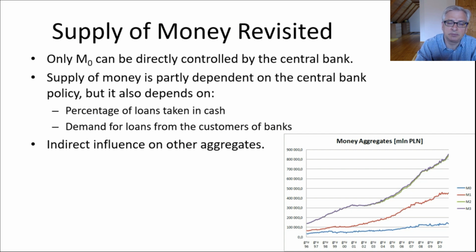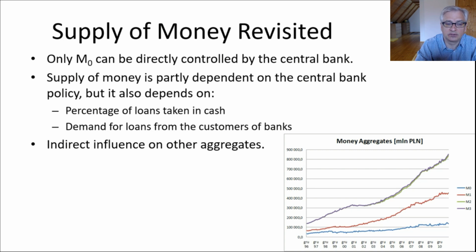But partly it depends on the situation in the economy, expectations, whether people want to take a loan, whether people want to consume more, whether people want to buy a house, so take a mortgage to finance that. So we could say actually only M0 is directly controlled by the central bank.